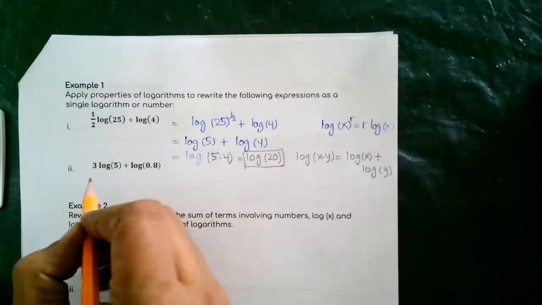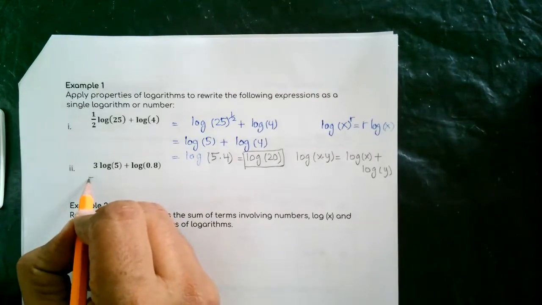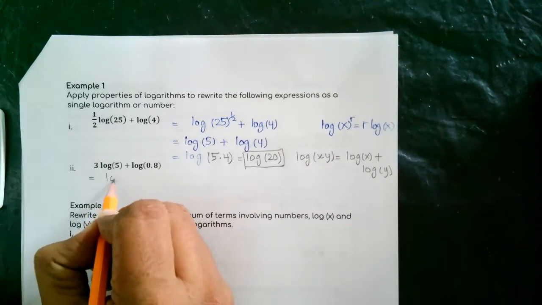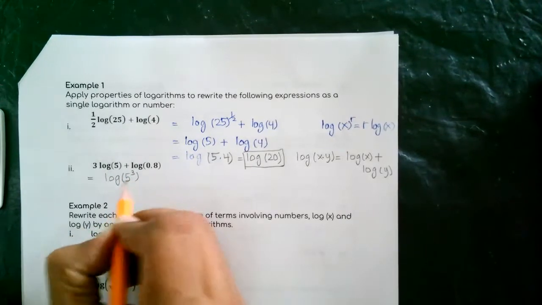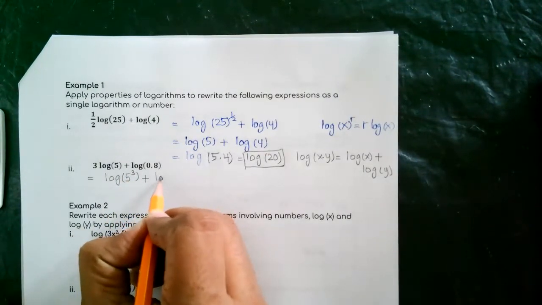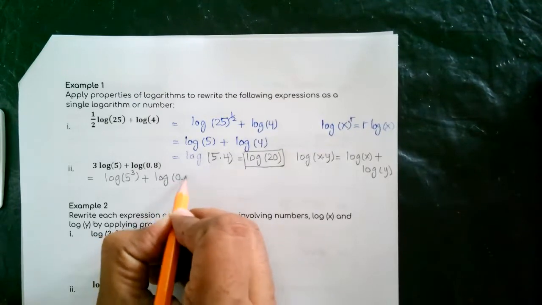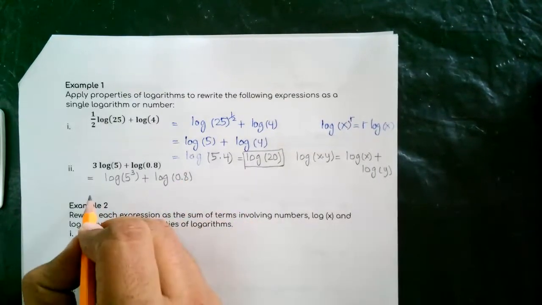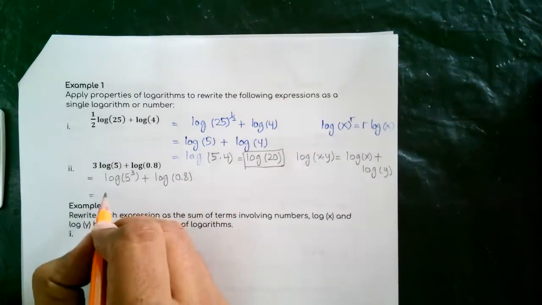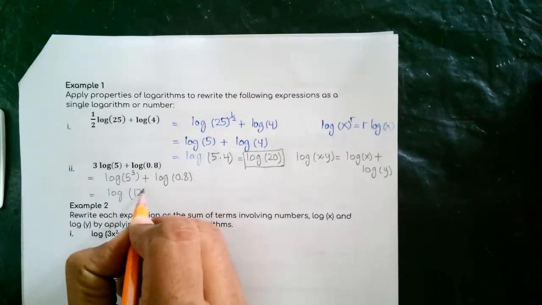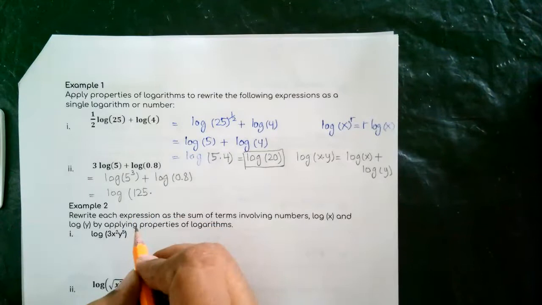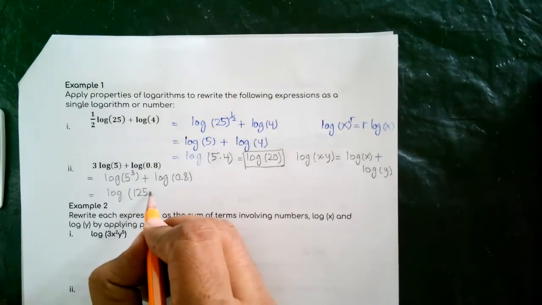Now the same way we do the second problem. 3 log of 5 is the same as log of 5 exponent 3, and then we have log of 0.8. Then 5 to the power 3 is 125, so we write this as log of 125, and we multiply it with 0.8.